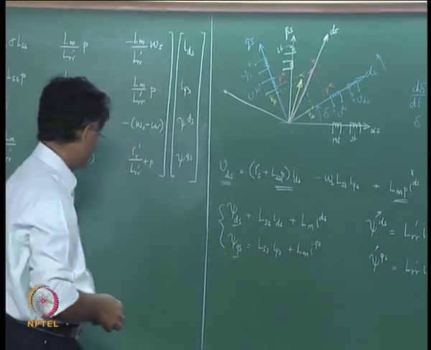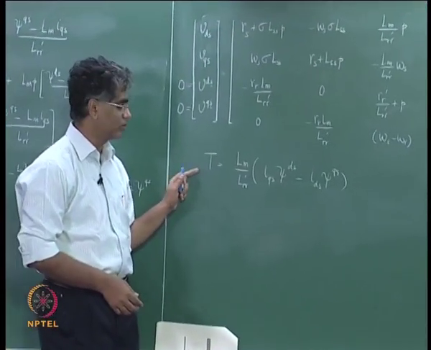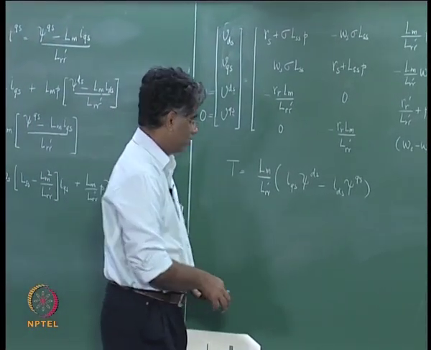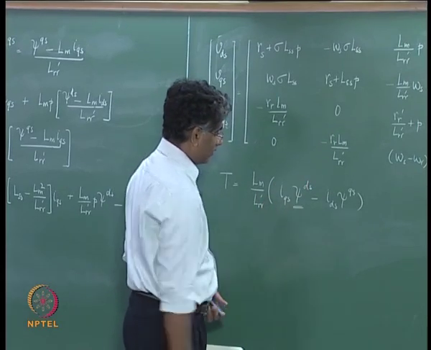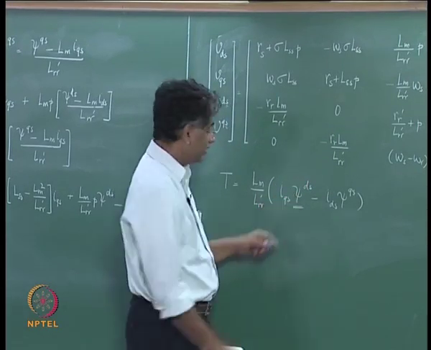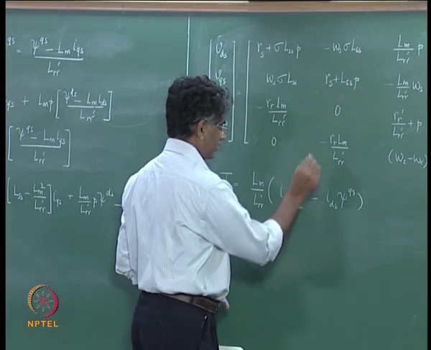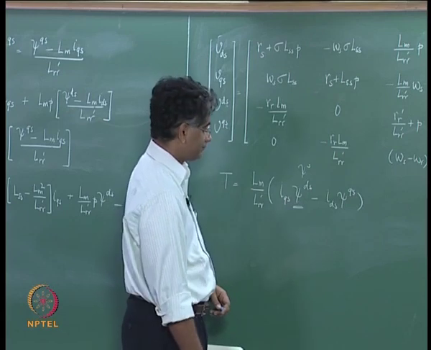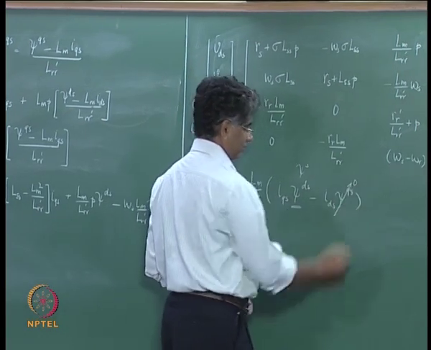If we do that and we look at this expression for the generated electromagnetic torque T, you find that psi ds is nothing but psi of the rotor in the synchronous reference frame. Psi qs is 0.